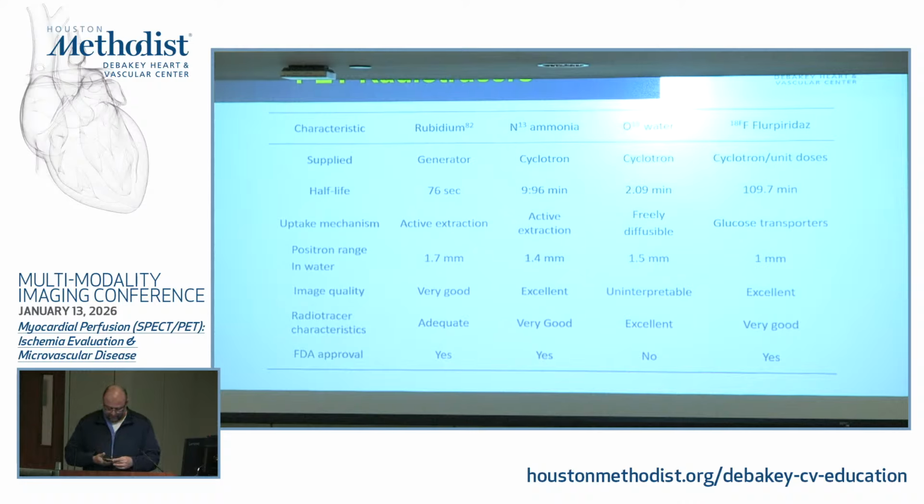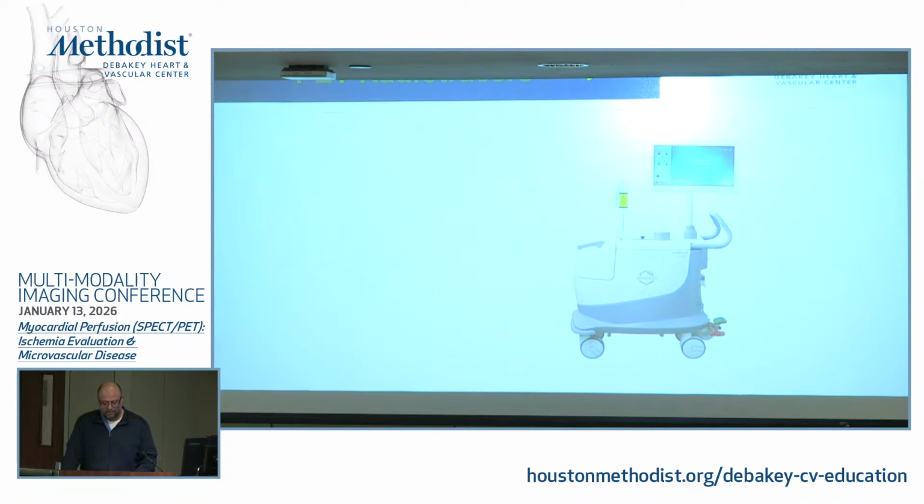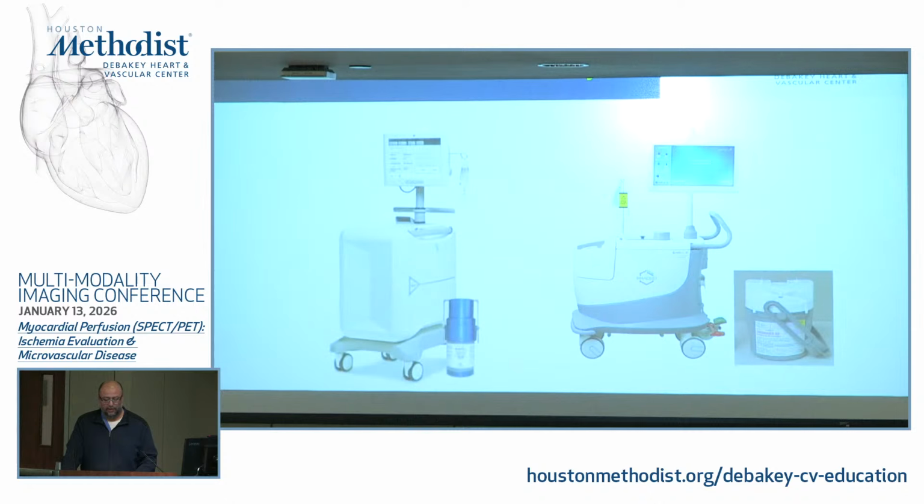The main advantage of rubidium is that it is generator based. So technically, you buy a generator every 40 days, and you have that generator available to evaluate these patients. There are two available commercial solutions that you can buy, one or the other, and they are pictured on this slide.